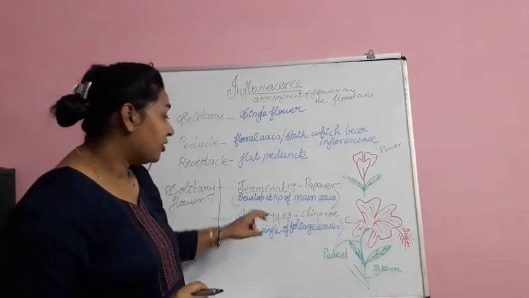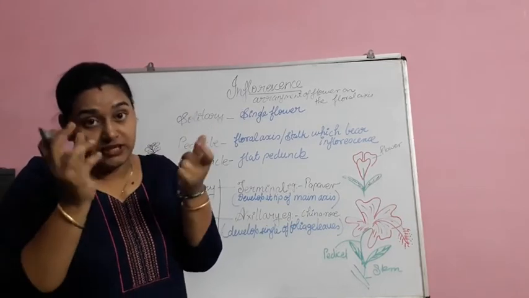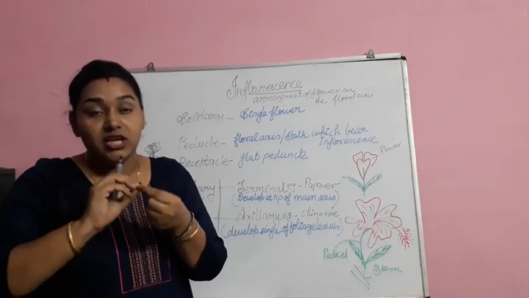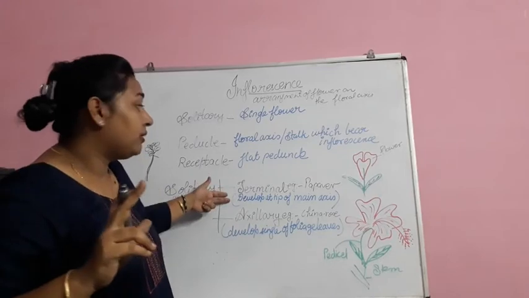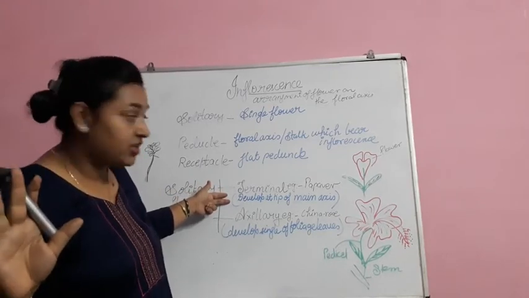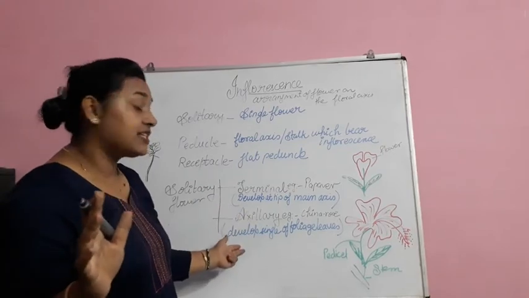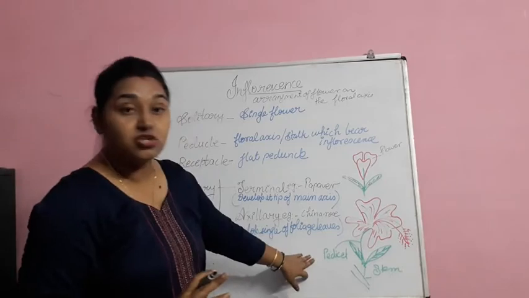But axillary flowers need leafy foliage, the cluster of leaves, and from the foliage they originate. So this is one major difference. Terminal doesn't need any foliage, they develop directly from the axis tip, whereas axillary need the foliage to develop, as in the hibiscus or China rose.